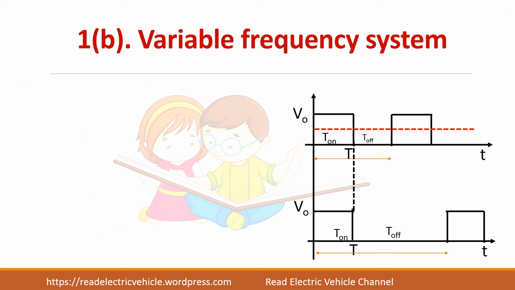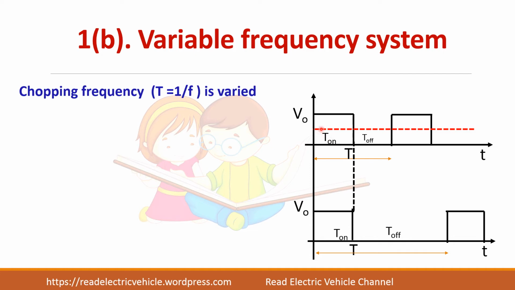In variable frequency system, you see the waveform here, as the name suggests, variable frequency. Here the chopping frequency is varied, T is varied. So here the time period is from here till here, whereas in the second waveform it is till here. So we are varying the frequency, but you will either keep the on period constant or the off period constant.